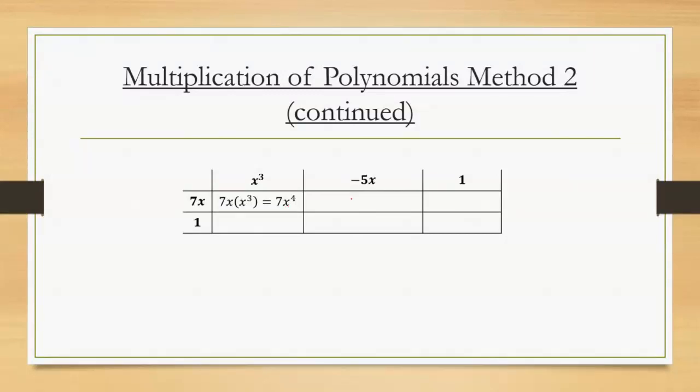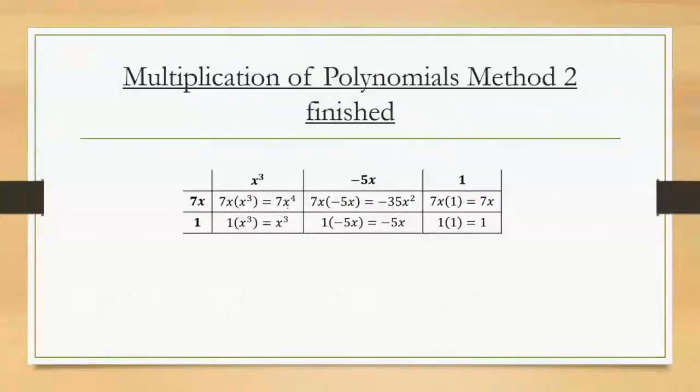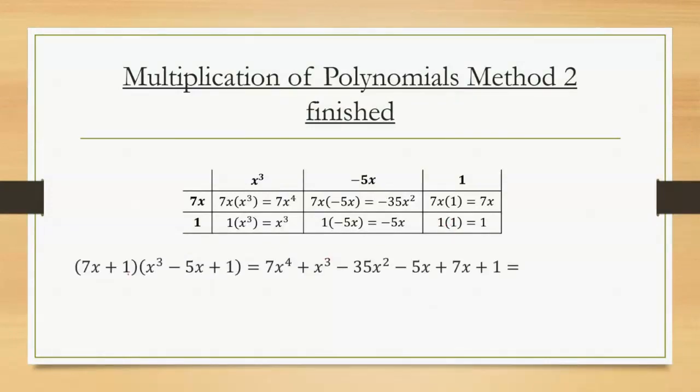And what's going to go over here? Well, 7x times minus 5x, and that's where minus 35x squared comes into play. Oh, great, running out of time. Let me just show you the whole thing. That's what happens for the table. Each of the entries here, you multiply row and column entries. And then finally, to get the product, you add up those entries together.